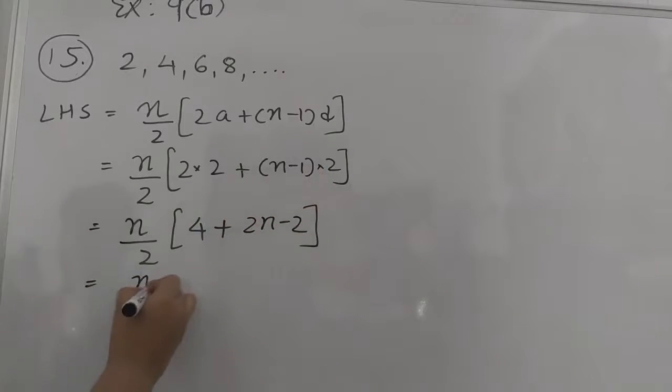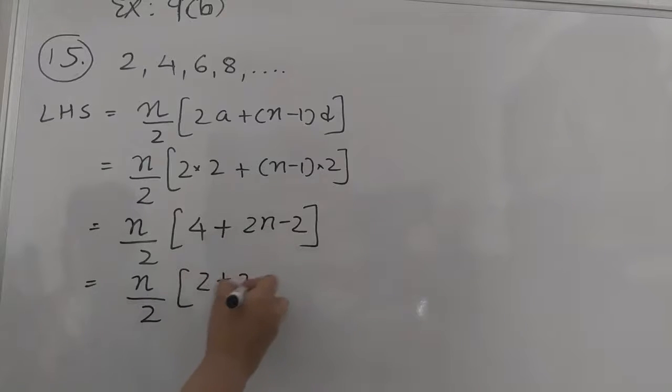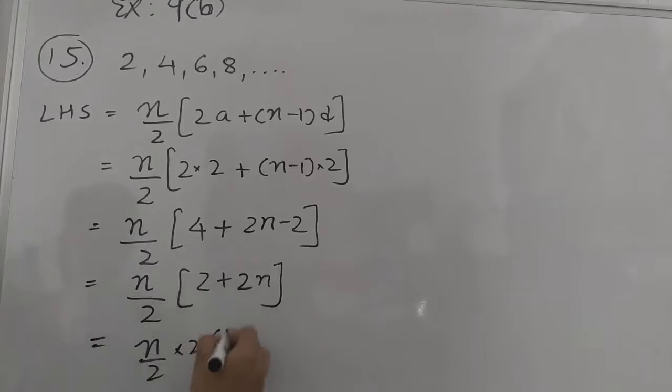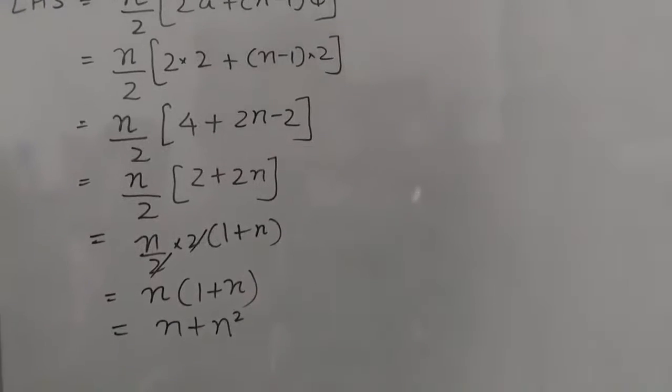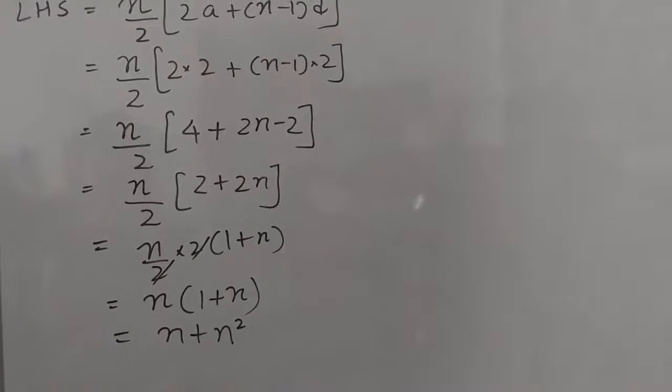So here we have n by 2 in the bracket, 4 minus 2, 2 plus 2n. Now next step, we can take 2 outside the bracket. So n by 2, this 2 taken common. So in the bracket 1 plus n, 2 get cancelled and 1 plus n is left with us. So we can write n plus n square by multiplying it inside. So you can see this way we get our left hand side.